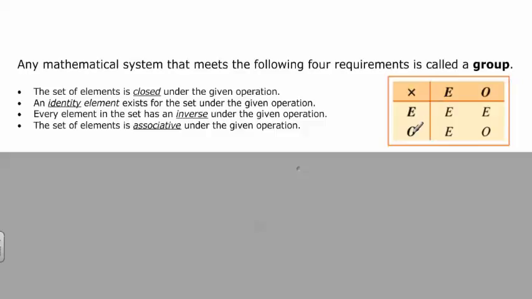But if you notice, odd times even is even, and odd times odd is odd. So if you look at this row, that is in the same order as the elements that we started with, which means odd is the identity element.